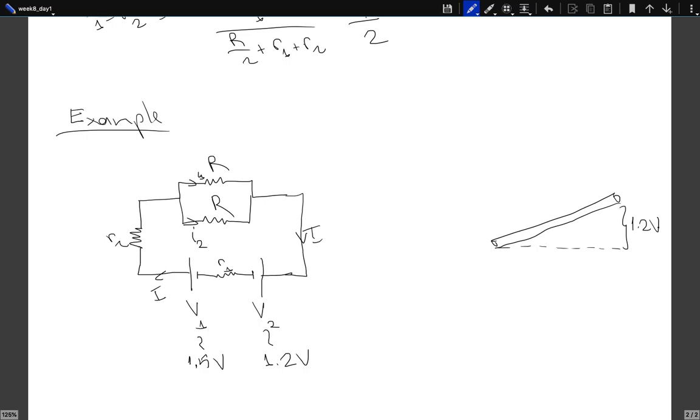Whereas the other battery, which is 1.5 volts, will create a height difference which is larger. And this height difference corresponds to 1.5 volts.